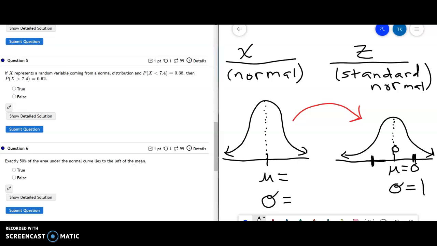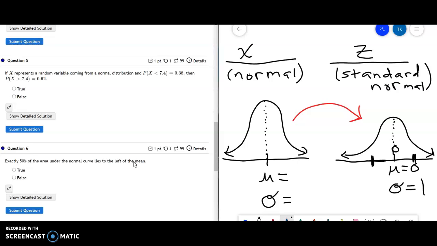Keep in mind this bell curve is perfectly symmetrical, and 100% of the area under the curve is what's represented here. So if we're talking about the probability of this being equal to 0.38, that's less than 50%.